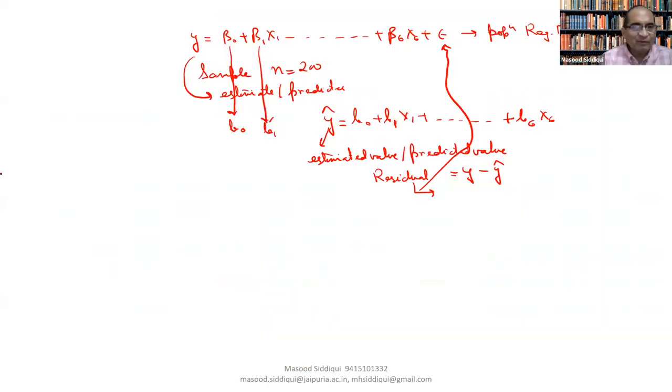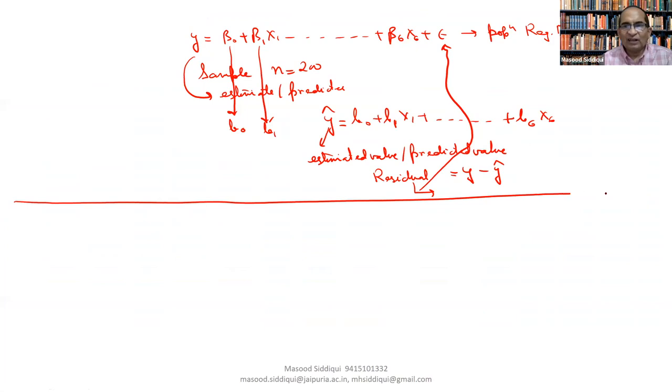Now we are performing the regression analysis. So what are the essential steps? Number one, we have introduced the problem. Since we have introduced the problem, we have mentioned what is y, the dependent variable, and what are the independent variables x1, x2, x7, right?